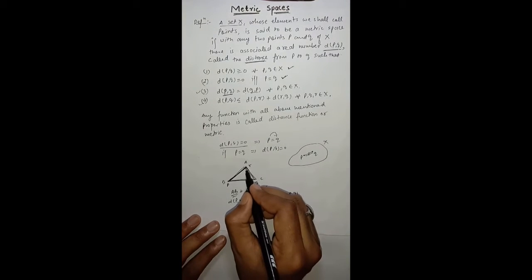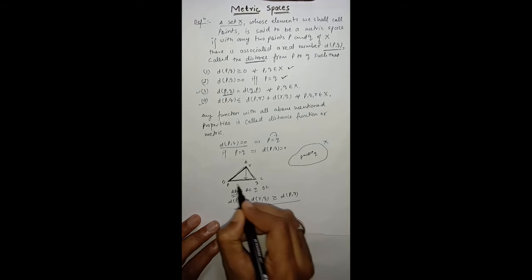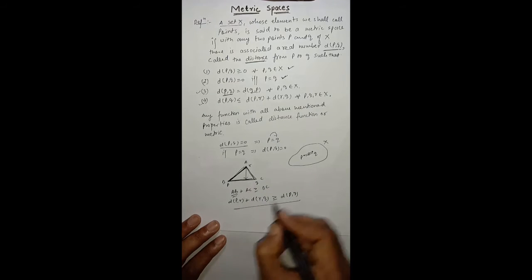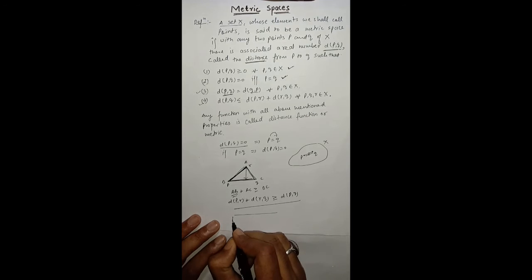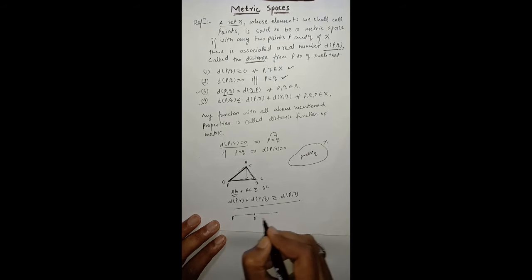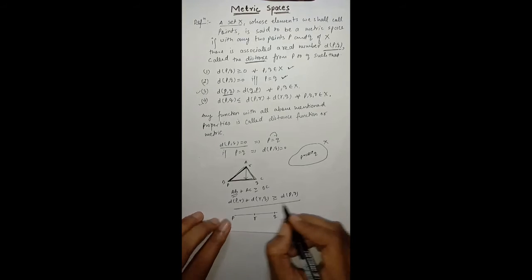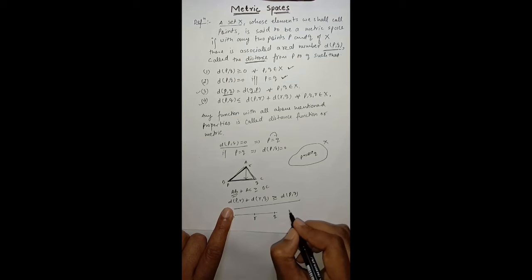And now suppose the point R is on the line PQ. This is P, this point is R and Q. Then this inequality becomes an equality.